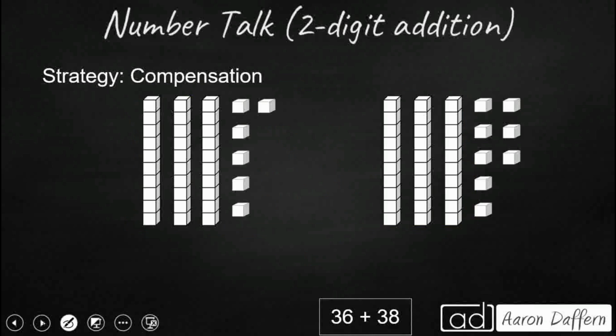Finally, we can use compensation. Now what compensation does is it really just changes the numbers. So here's my 36 plus 38, and I'm going to see which of these add-ins is closest to the next 10. It's this 38 right here. Look, if I were to take these two away, and I were just to draw them right here, I'm just going to shift them completely over.